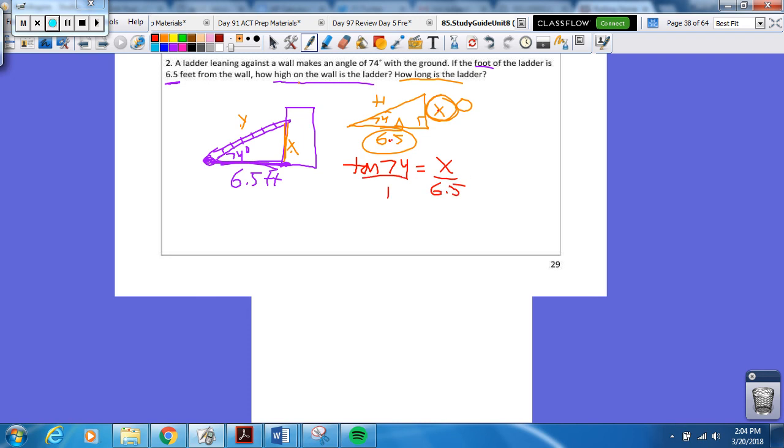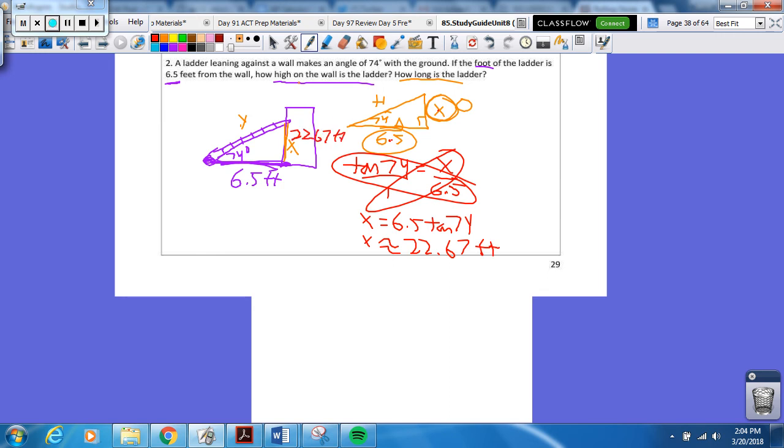X times 1 is x, so x equals 6.5 tangent of 74. Calculator: 6.5 tangent of 74. X is approximately 22.67 feet up the wall.